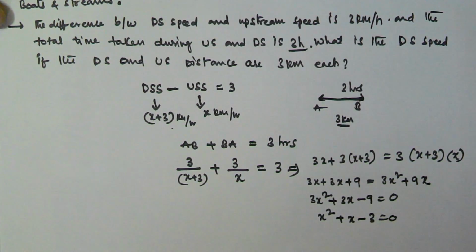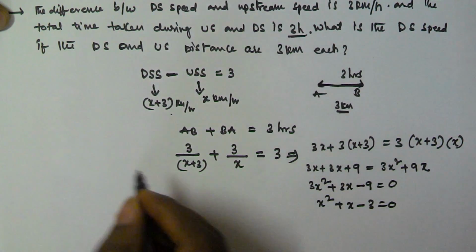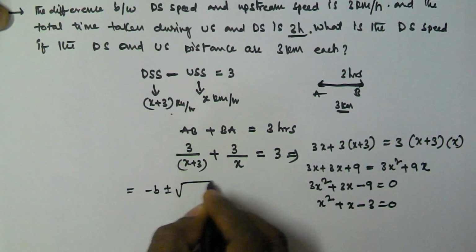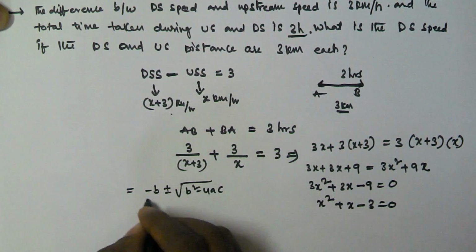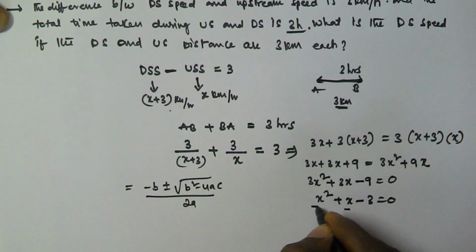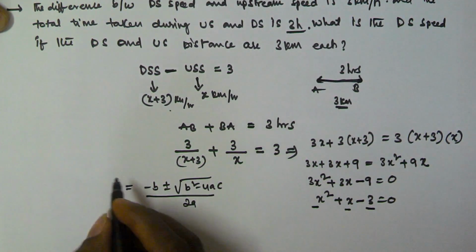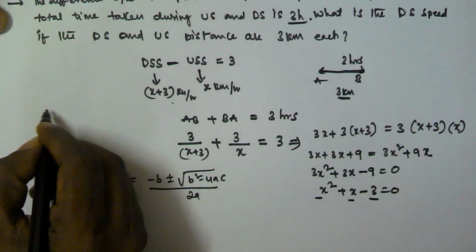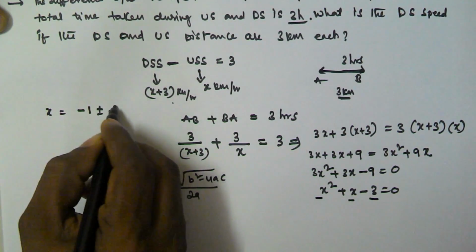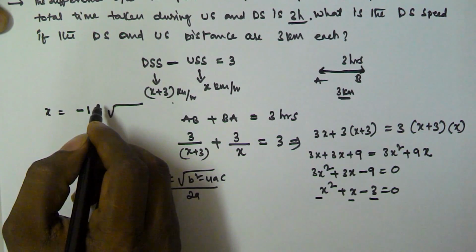is equal to 0. So we know there is a formula to find the roots of a quadratic equation. The roots are equal to minus b plus or minus under the root of b square minus 4ac by 2a, right? Where b is the coefficient of x, a is the coefficient of x square and c is the constant part. So by substituting, x is equal to minus b, that is minus 1, plus or minus under the root of b square minus 4ac.